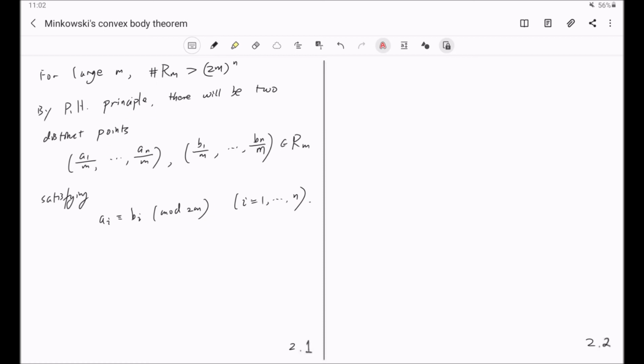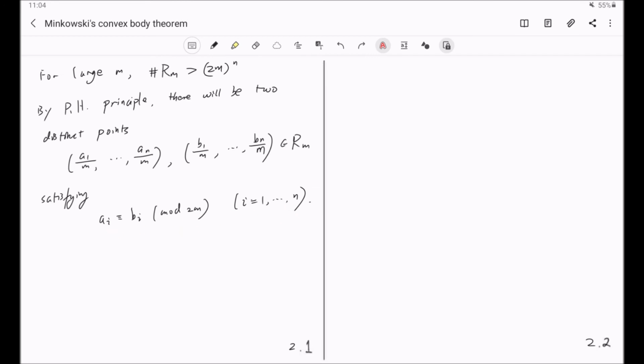Do you see why? I'd like you to think about it first. So in this application of the pigeonhole principle, what are your holes and what are your pigeons? Your holes are actually the congruence classes mod 2m, taken for each of n different indices.